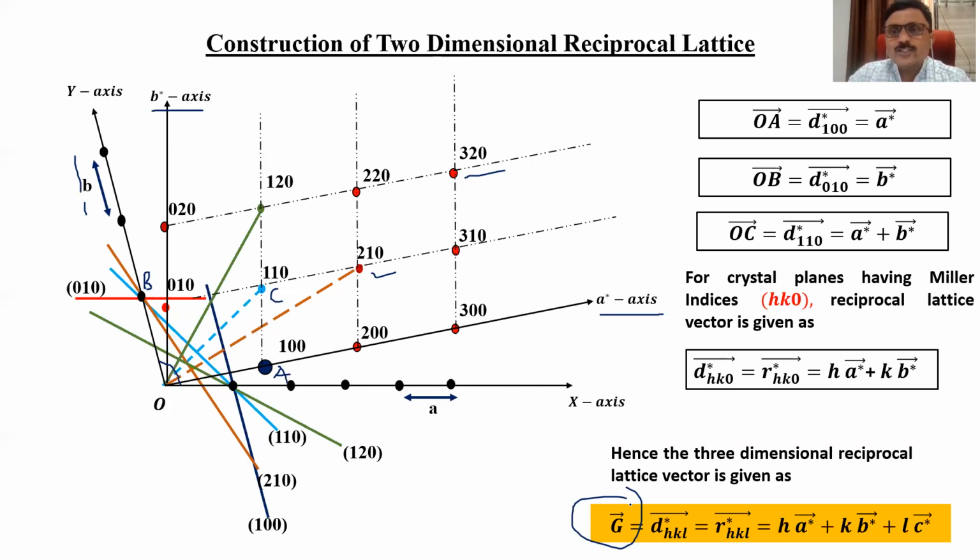That is how one can understand the construction of the reciprocal lattice in two dimensions and extend its representation to three dimensions. Hope you have understood how to construct the two-dimensional and three-dimensional reciprocal lattice.